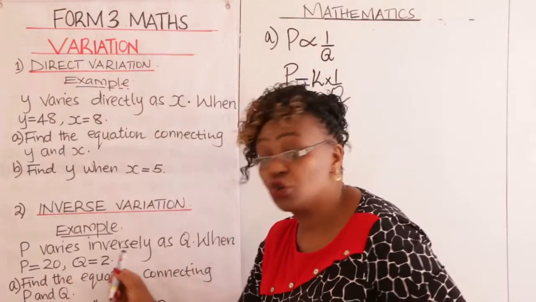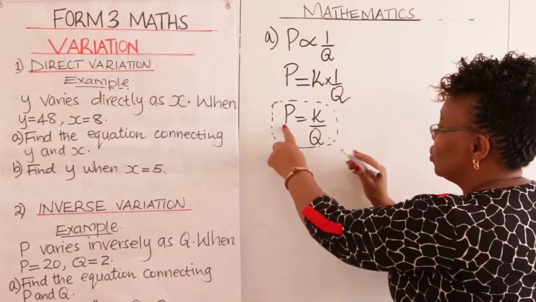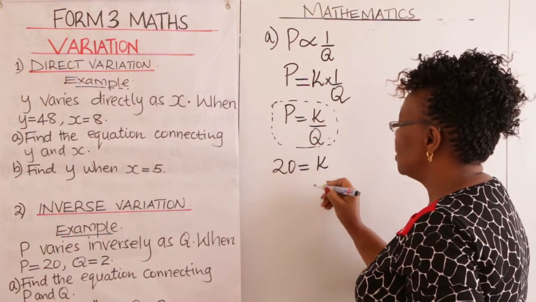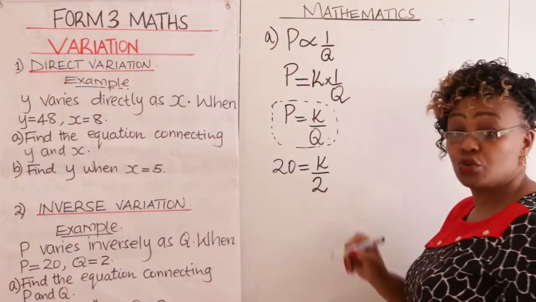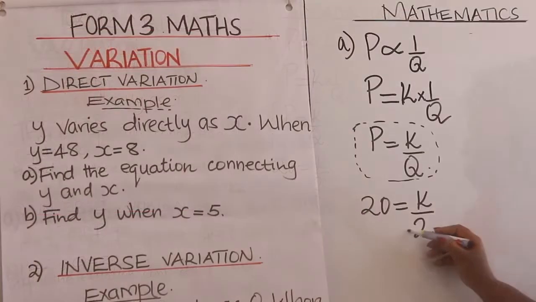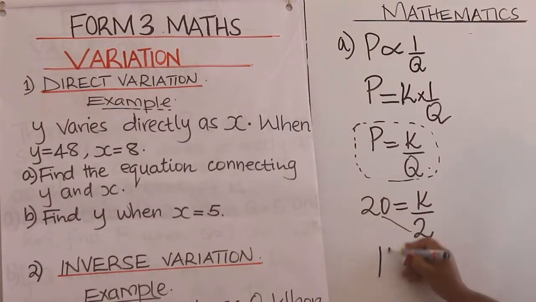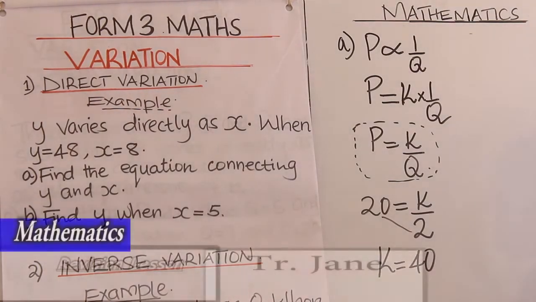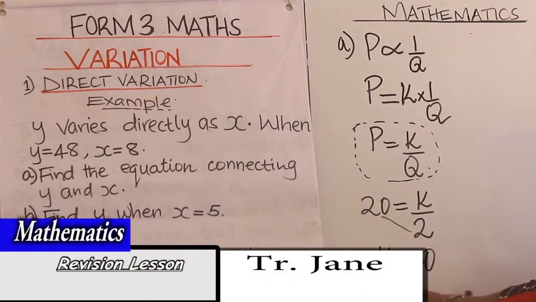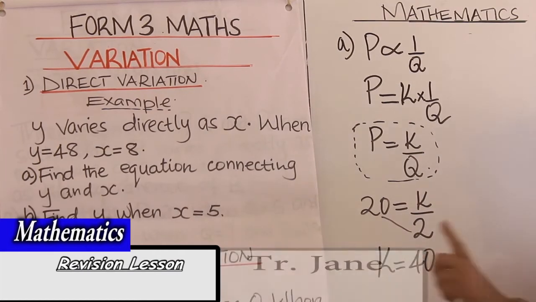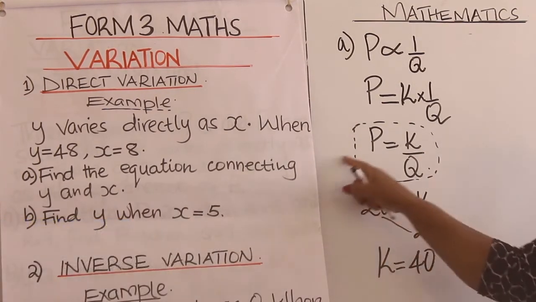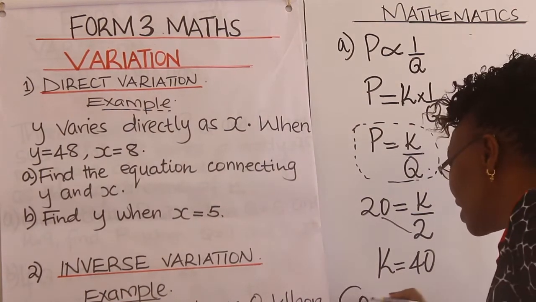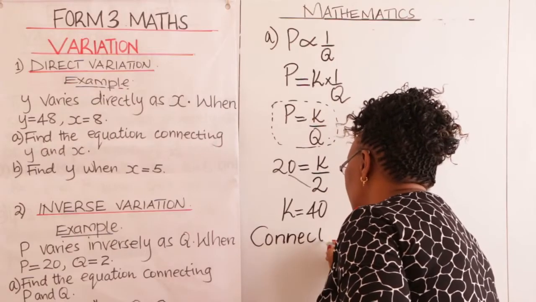So we now go to the second sentence. When P is 20, Q is 2. You substitute: 20 is equal to K over 2. What is K therefore? Cross multiply. K is equal to 40. After getting your K, learner, just like we did in direct variation, take your K to this equation here, and we get what we call the connecting equation.